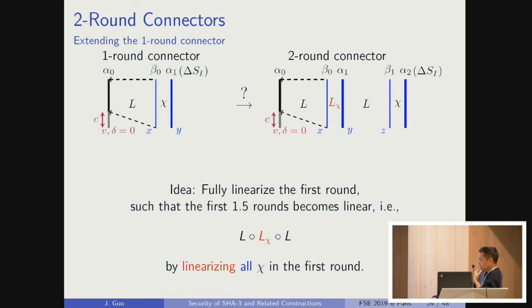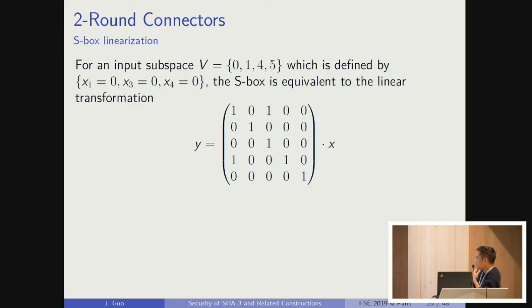By fully linearize, we mean that if we restrict the input values into a subset, then the expression of the S box is equivalent to some linear transformation. For example, if we limit the input space into this affine subspace by fixing x1, x3, x4 to be 0, the S box expression is equivalent to this matrix multiplication.